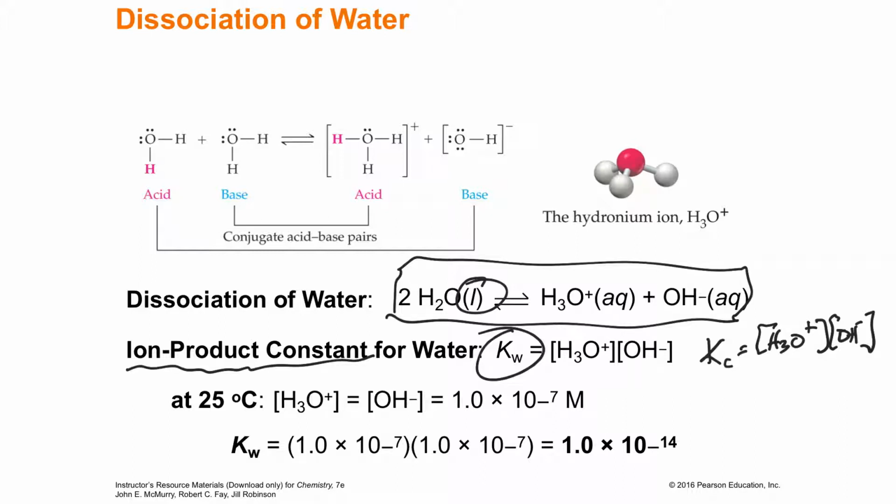Because someone's already done the experiment, and water's water, you know it's 1 times 10 to the negative 7 for hydroxide and 1 times 10 to the negative 7 for hydronium. When you stick both of these numbers in, you get the K sub C of water, which we call K sub W. The K sub W of water is 1 times 10 to the negative 14.